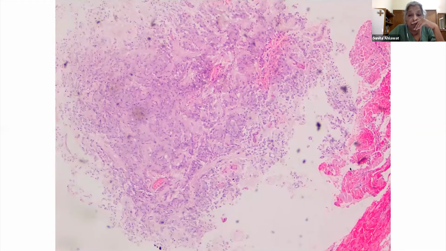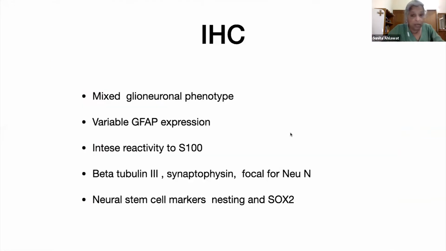Extensive hemorrhage. It presented because it has hemorrhage. That is the reason why SEGA sometimes has an acute manifestation, because it can show extensive hemorrhage.